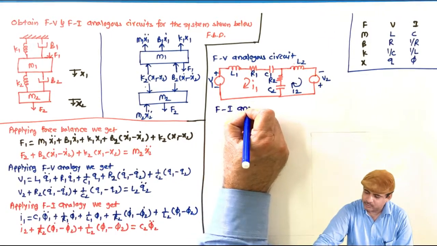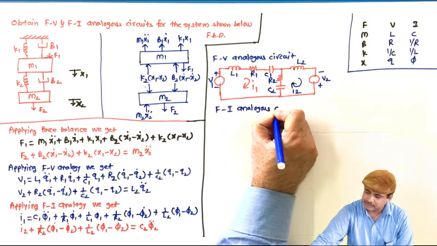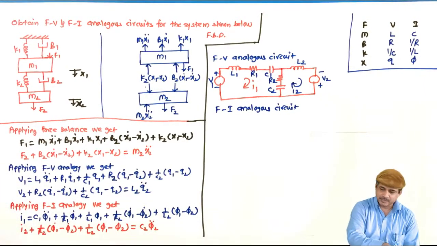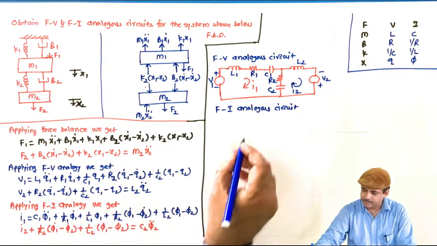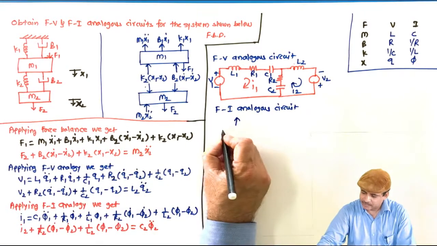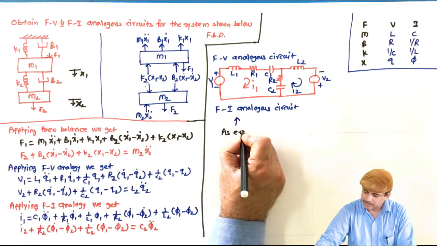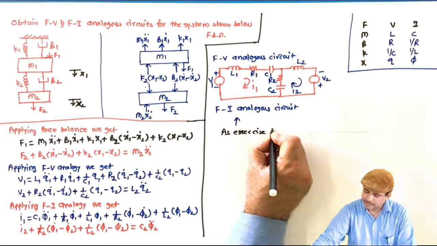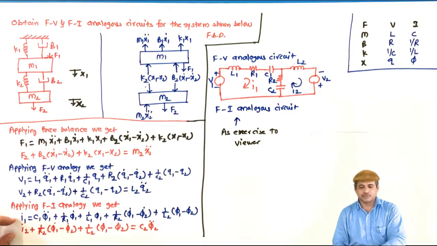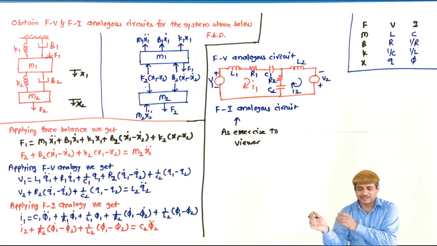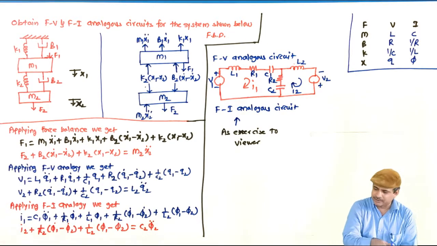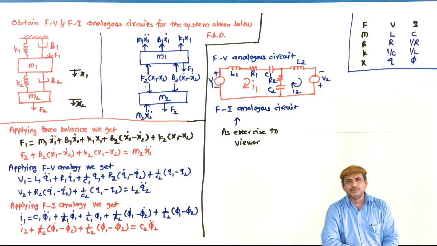Similarly you can get the F to I analogous circuit, and I keep that as an exercise for the viewer. You have the equation, so one current source will be on this side and the other on the other side. You just have to get the counterbalance, or you do it.